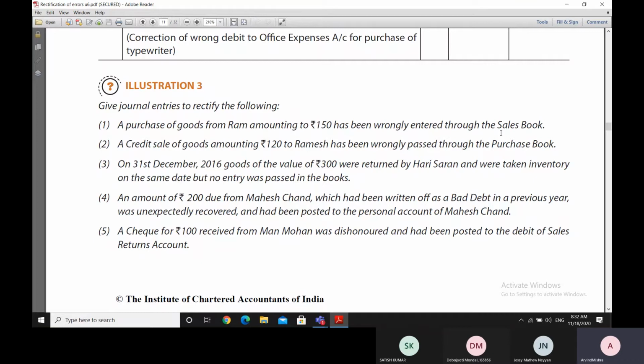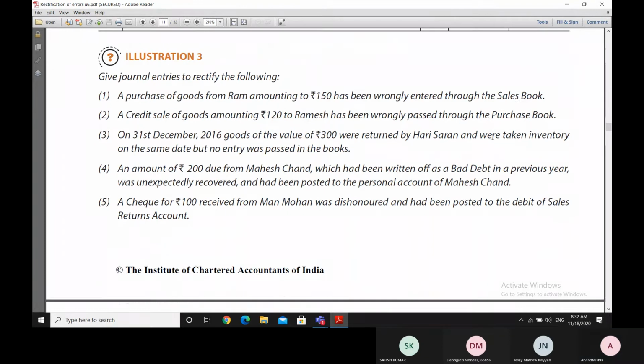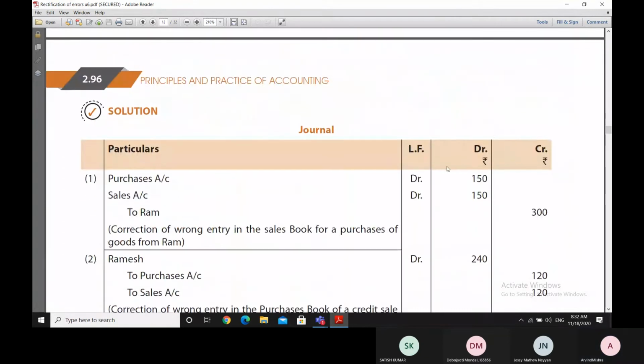So if we are assuming that it is a sale, then we would have credited the sales account, and therefore we need to debit the sales account to cancel this entry. This debit in the sales account is going to correct the credit which has gone earlier into the sales account.